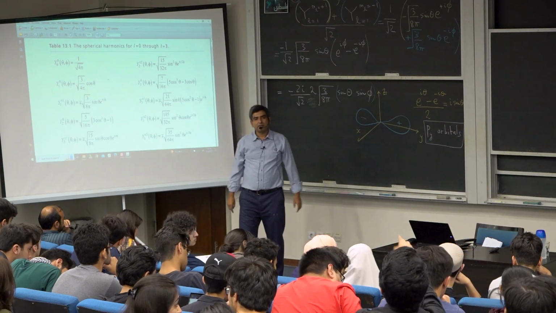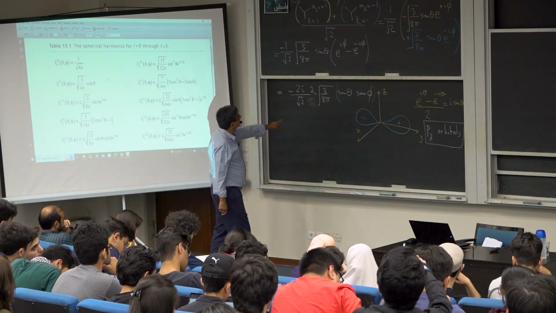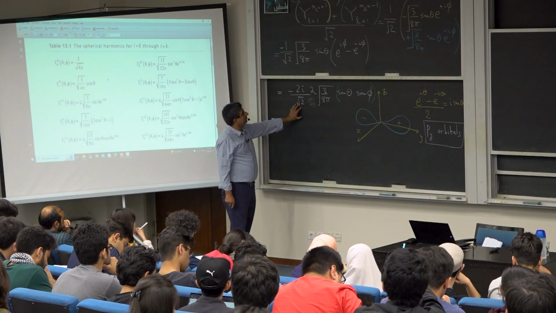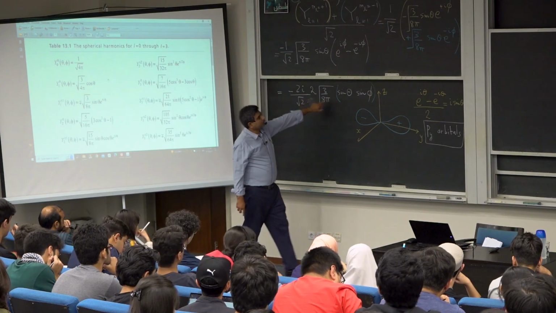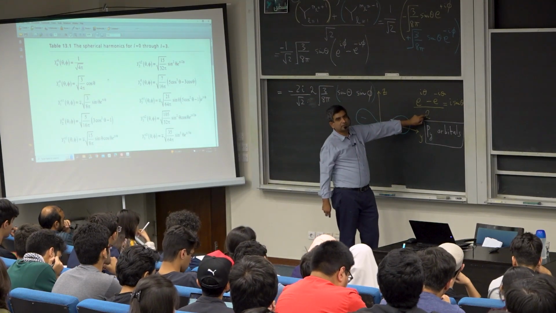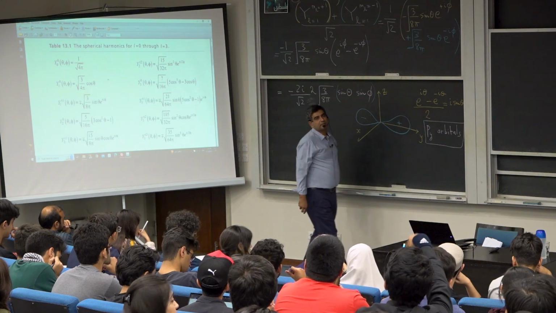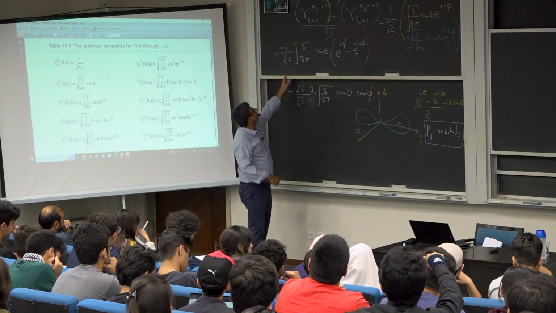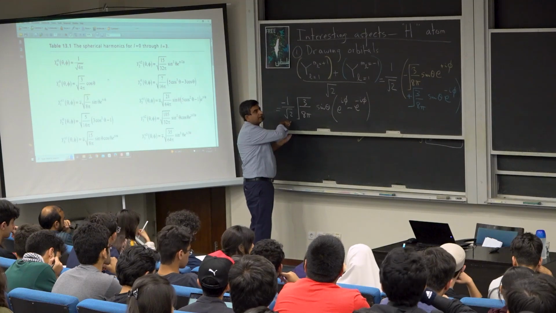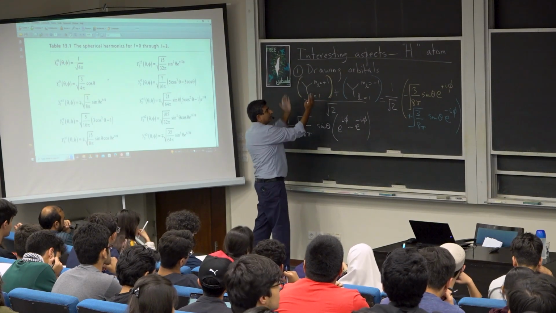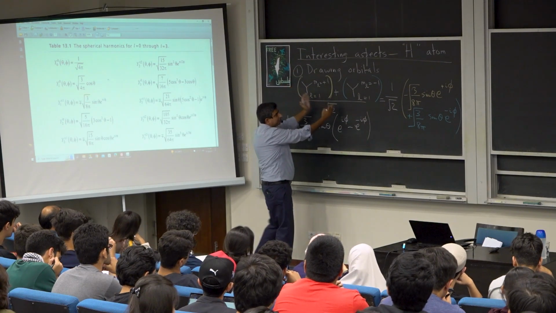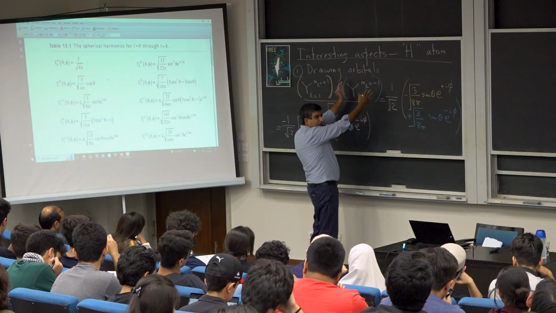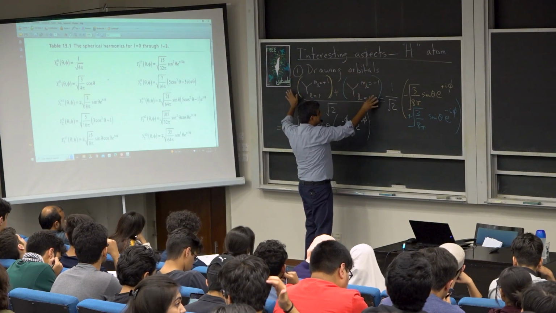Yes, please. Sir, in the first equation, where did the square root of 2 come from? Because of this definition, I think. So this under root 2 comes from the superposition. When this is a normalized wave function and I add to this another normalized wave function, a new superposition is created.